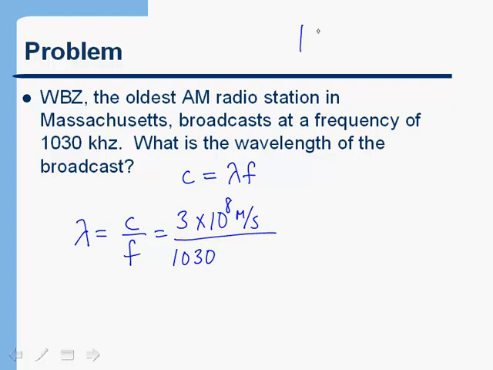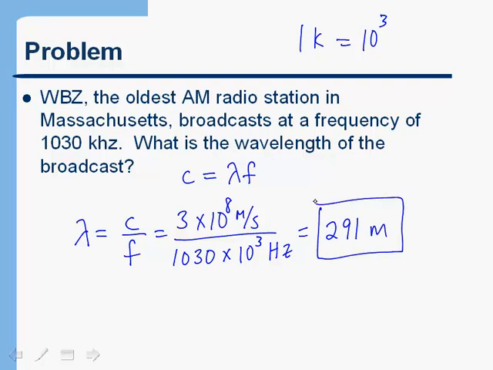So remember, kilo means 10 to the third. So that would be the same as 1030 times 10 to the third hertz. And if you do the math there, you'll get 291 meters. So that would be the wavelength of that radio signal.